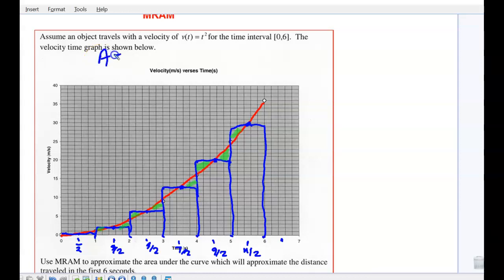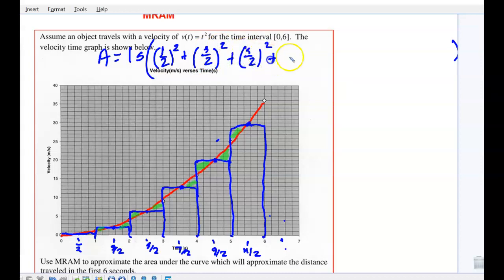So if I calculate the area now, again, the width of each rectangle is still 1 second. Now to figure out the actual heights, I'm going to plug the value that I calculated for the height of each rectangle into my function, which is t squared. So at 1/2, it's going to be 1/2 squared plus 3/2 squared plus 5/2 squared plus 7/2 squared plus 9 over 2 squared, and the last one was at 11 over 2 squared.